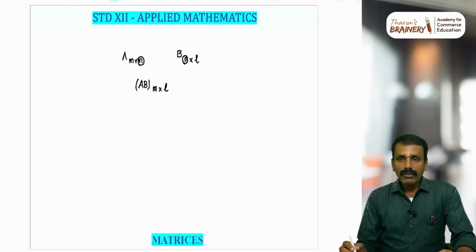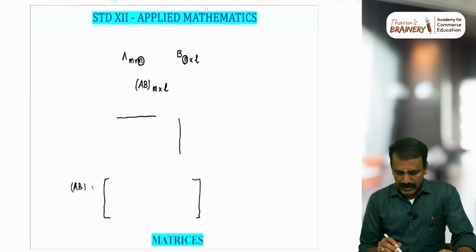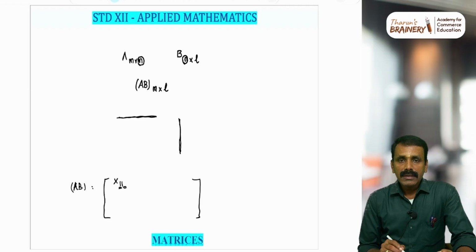And how to multiply? We have to multiply row elements with column elements. Suppose in the product, this is the first row, first column element. Then we have to multiply the first row of the first matrix with the first column of the second matrix. So that is the answer for the first row, first column element.